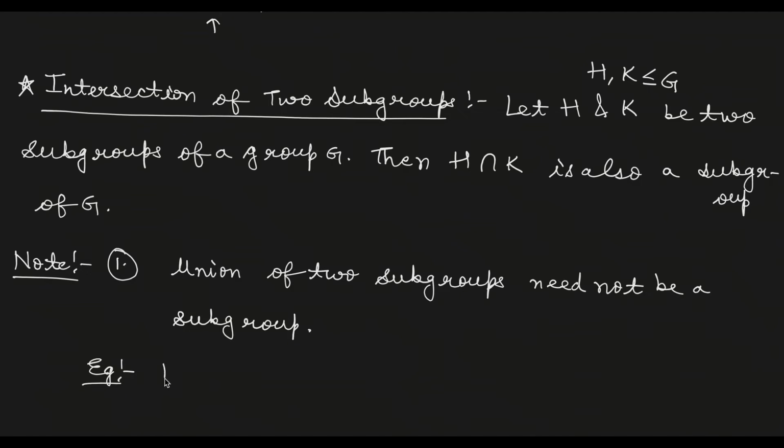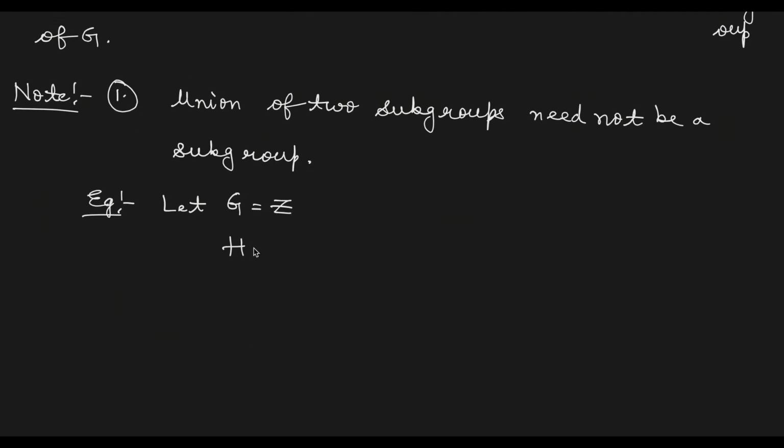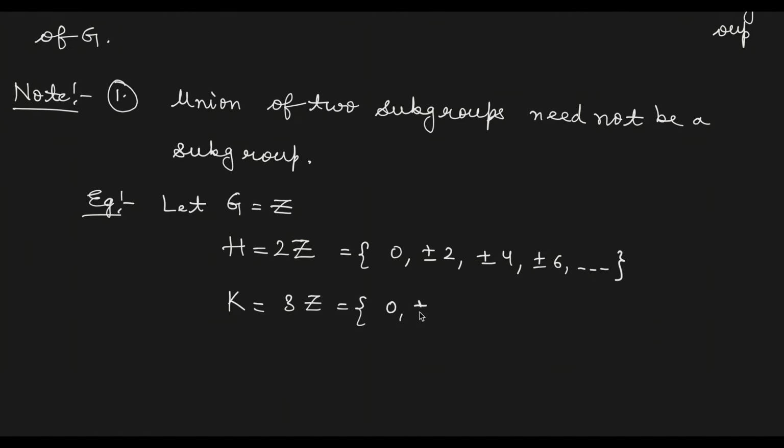For example, let G be the set of integers, H equal to 2Z, K equal to 3Z. 2Z means 0, plus minus 2, plus minus 4, plus minus 6 and so on. 3Z means 0, plus minus 3, plus minus 6, plus minus 9 and so on.